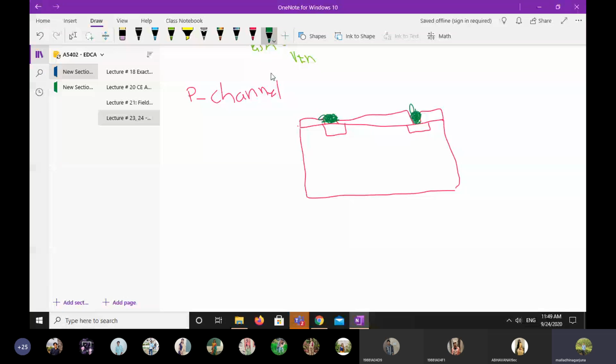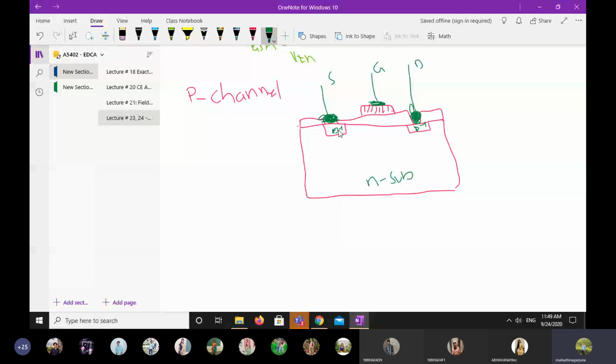This is the gate area. This is source, gate, drain. This is P plus and P plus, and the substrate.